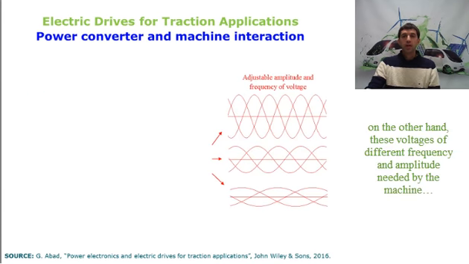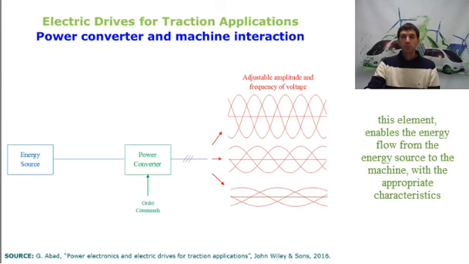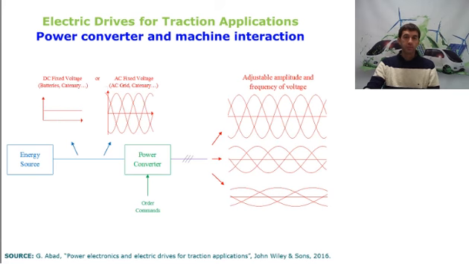On the other hand, these voltages of different frequency and amplitude needed by the machine are created by the power electronic converter. This element enables the energy flow from the energy source to the machine with the appropriate characteristics. Note that in general, depending on the nature of the energy source, it is of fixed voltage, either DC or AC.